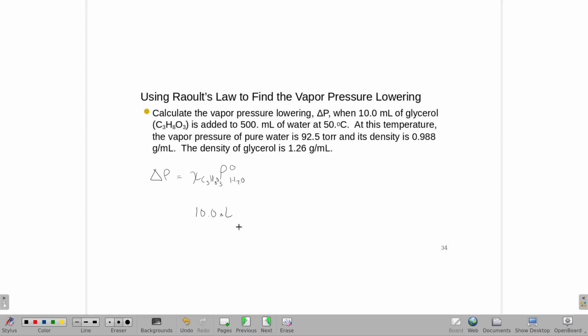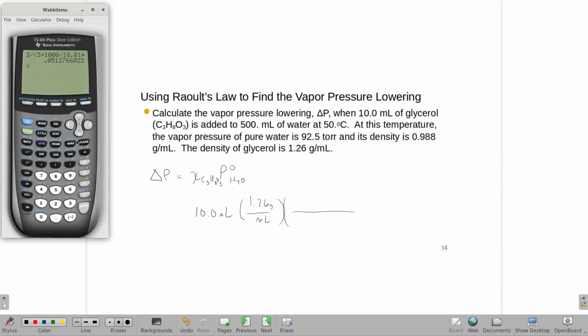That's why we need the density, because we're going to turn the 10 milliliters of glycerol into grams using the density of glycerol, and then into moles using the molecular weight of glycerol. Would have been nice if I gave that on this slide. I have to calculate that here.